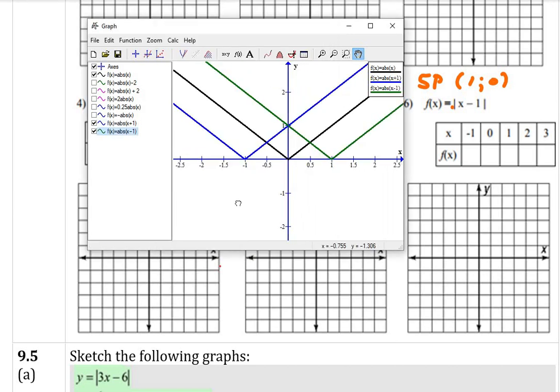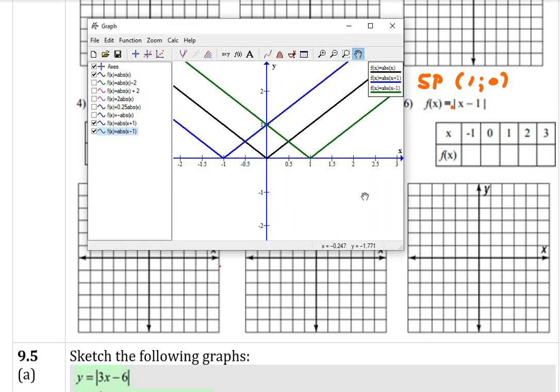And I think there we can really see it moved 1 to the right. The salient point is 1, 0, just as we thought. So this axis of symmetry is going to be 1, and it's going to be symmetrical over that 1. So if I have 0, 1 here, I will have 2, 1 there, because the distance there is 1. So another 1, I must be at the same height. So if that is 1, then that is going to be 1 there at 2.